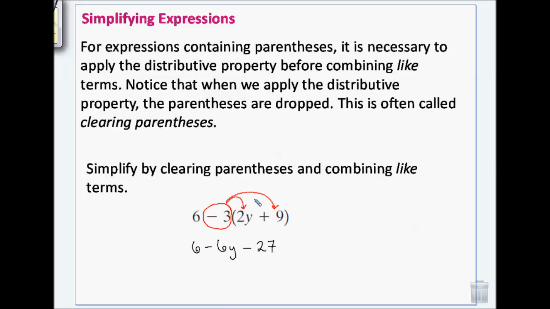Now my like terms are this 6 and this -27. 6y just hangs out by itself. If you want to rearrange it, you can. But you get -21. So if you want to rearrange it, this is how you would rearrange it. You don't have to do this step. You can just go from here to here if you want.